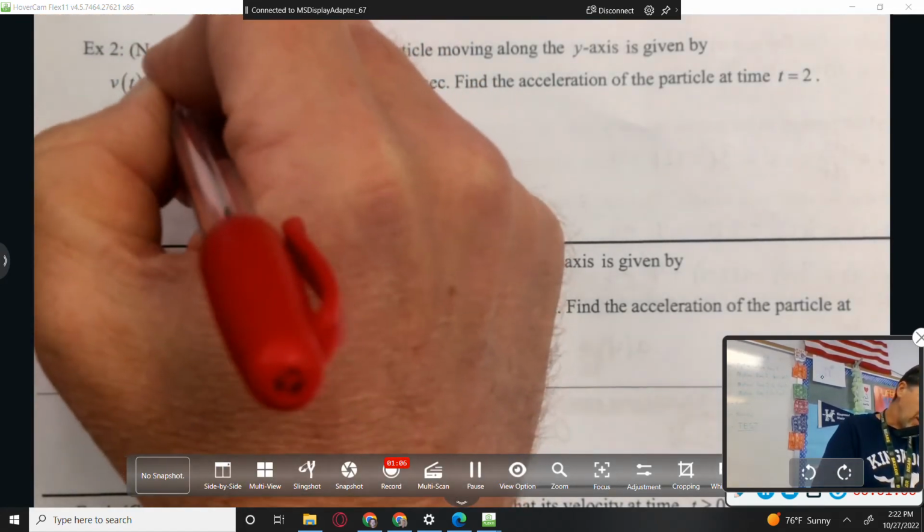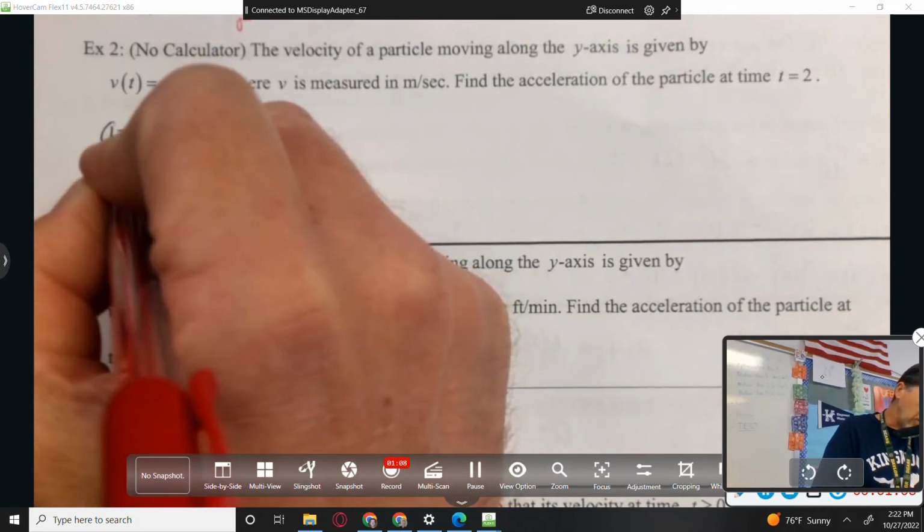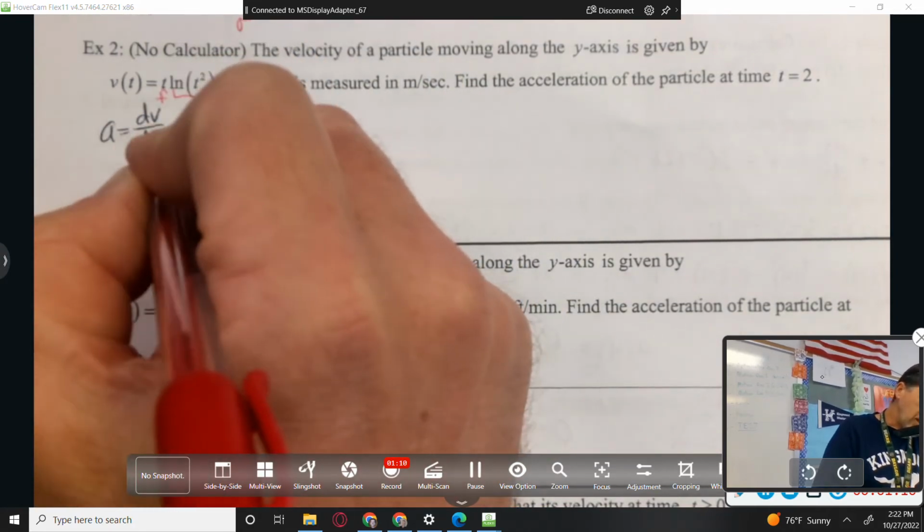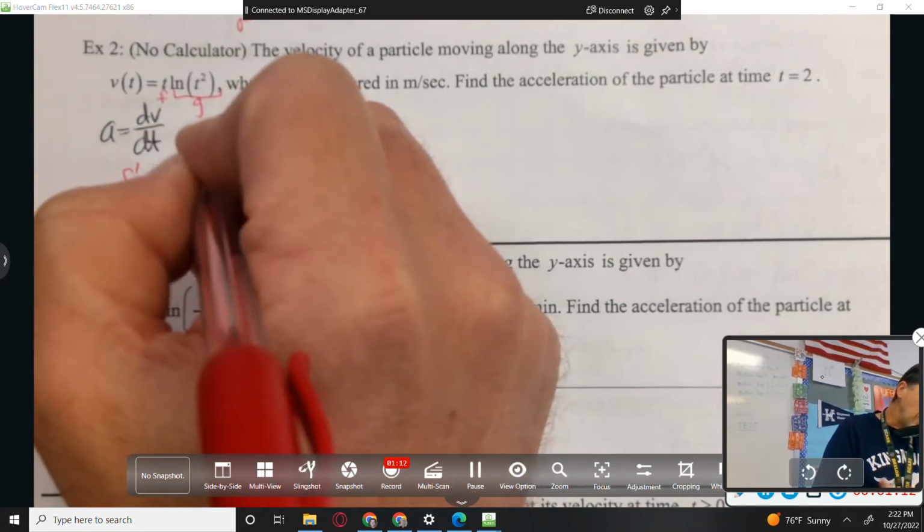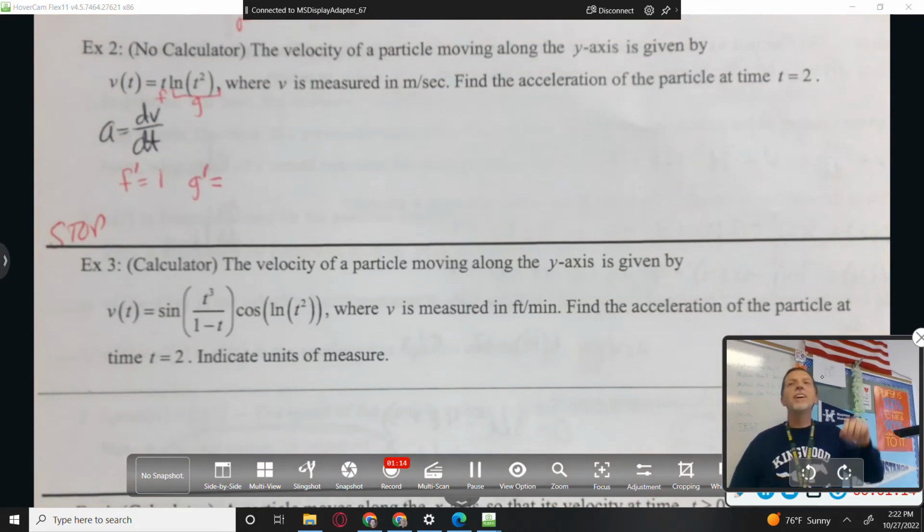So an especially yucky product rule, which means I'm going to come off to the side, find f prime, write it down, find g prime, write it down, and then put it all together. On easier product problems, I might just do it in place, derivative of one times the other, plus the other way around, but that's too much to keep up with for this problem.